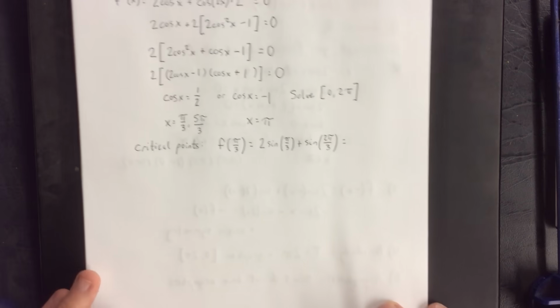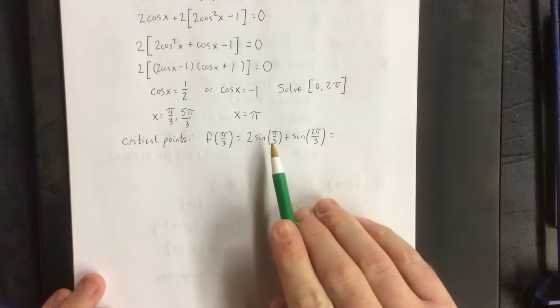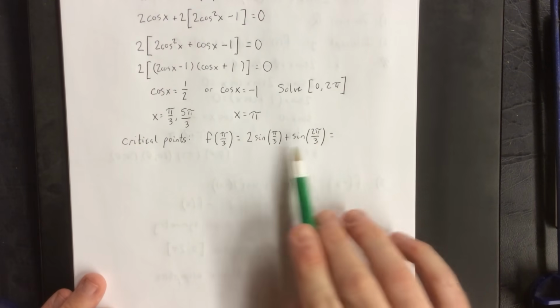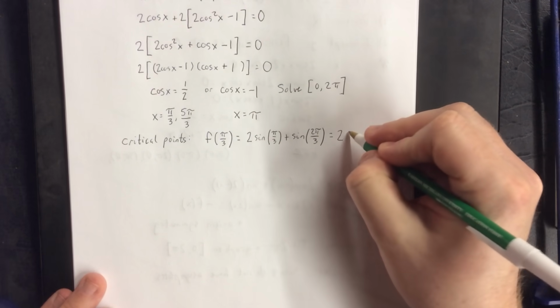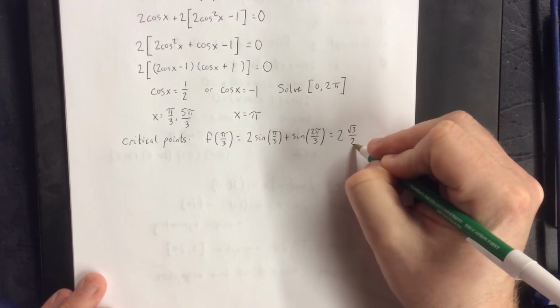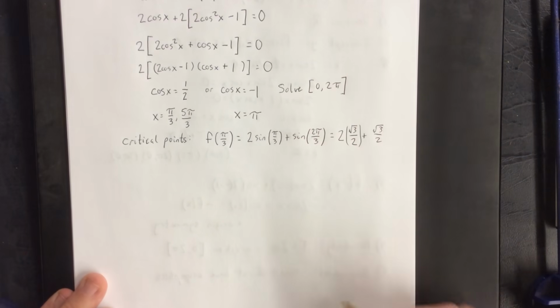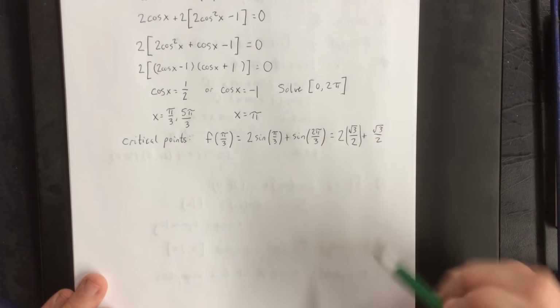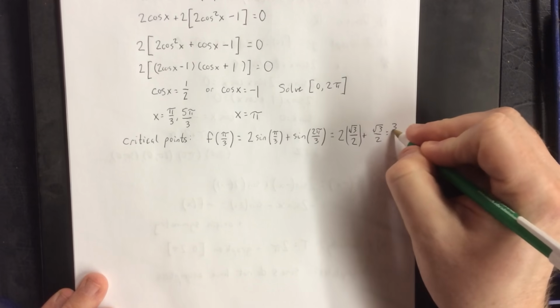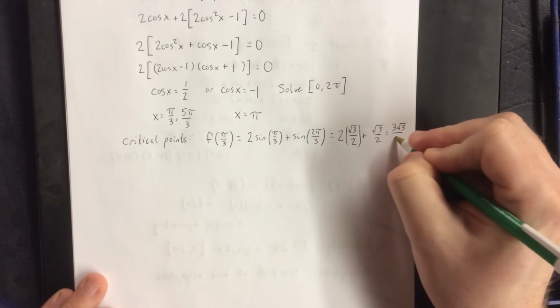Now, thankfully, pi over 3 and 2 pi over 3 both have the same sine, and it happens to be equal to the square root of 3 over 2. So given that I have 2 of these and 1 of these, I'm going to add them together to get 3 square roots of 3 over 2.